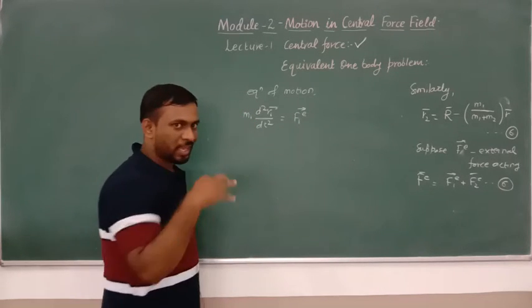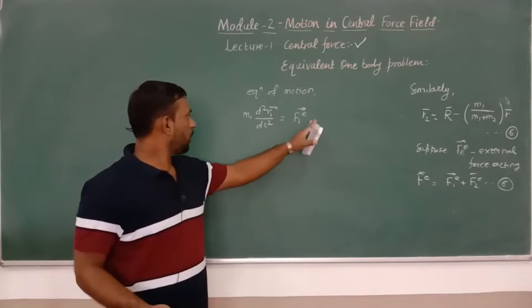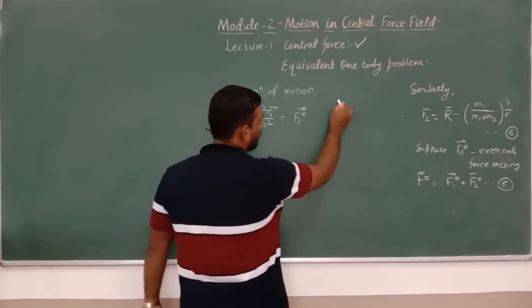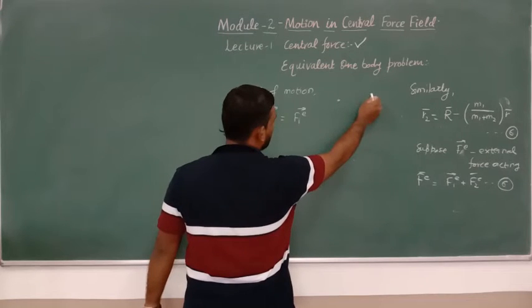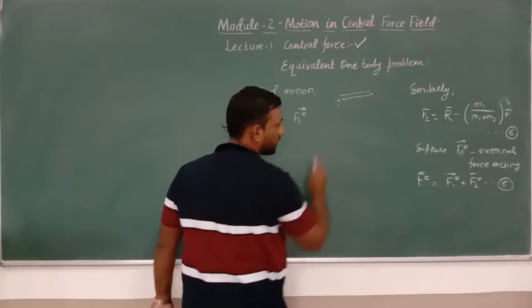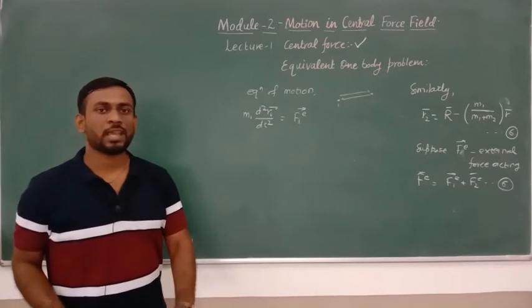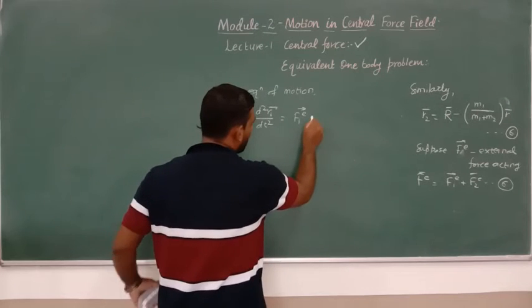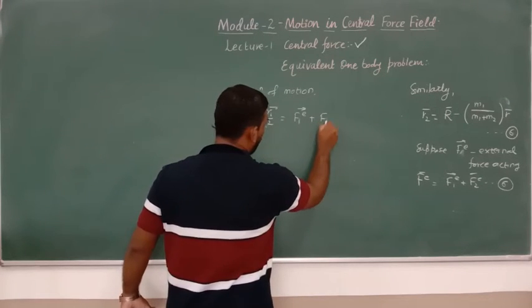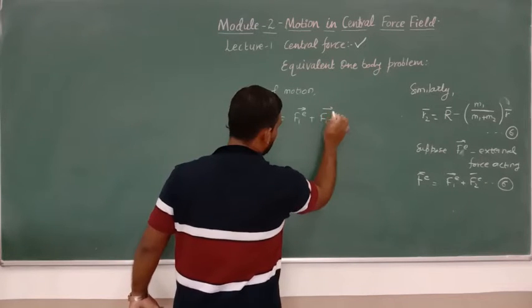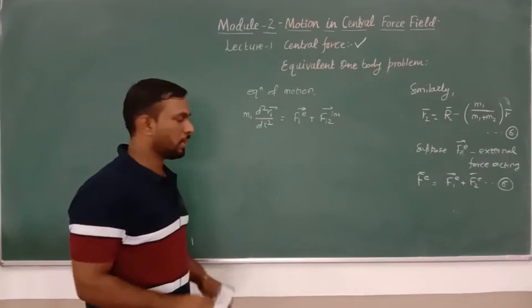plus, we have to again look at what are the internal forces acting on this particle. Since we have these two particles, a force should be acting on the first particle due to the second, and similarly on the second due to the first. So internal forces should be considered here. Okay, so plus f12 internal, or you can just write the I suffix over here.